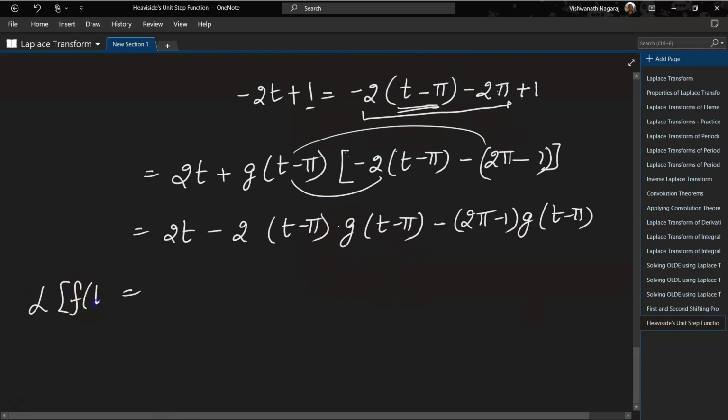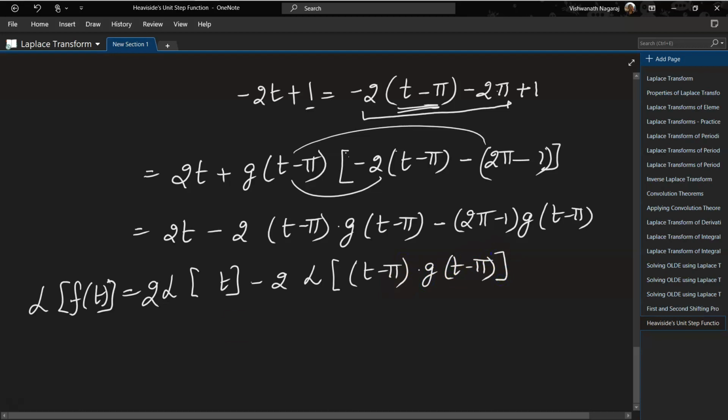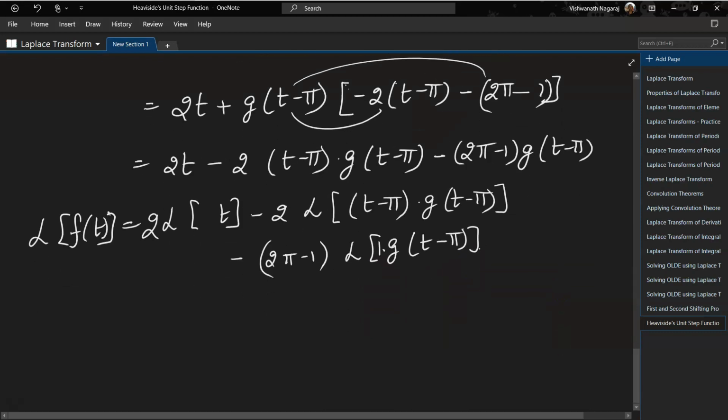What we are going to do is take the Laplace of both sides. Laplace of 2t, or we can take 2 out, minus 2 times Laplace of (t − π) g(t − π), minus, again (2π − 1) is constant, so Laplace of g(t − π). Now we can say 1 times this. 1 itself we can treat as a function.